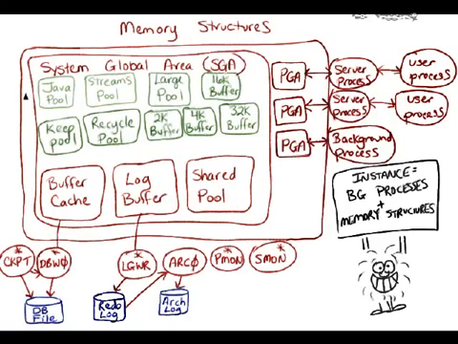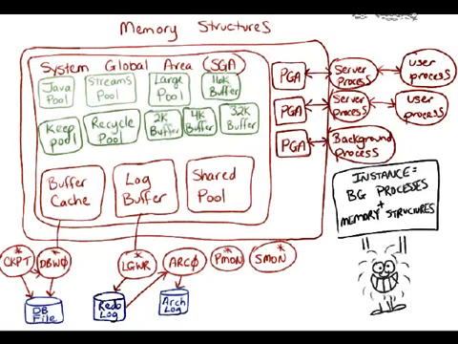Let's hit on some of these optional memory areas. First of all, starting off with the Java pool, that's used obviously for Java. Oracle comes bundled with a Java runtime environment and some development tools. Then there's the streams pool. You're only going to use this if you're in a distributed database environment. In other words, if you've got multiple servers hosting a database.